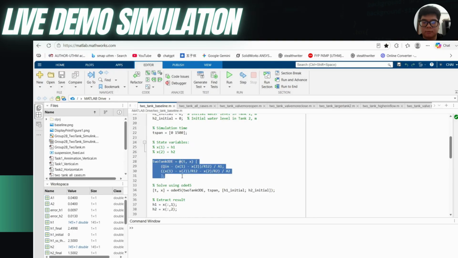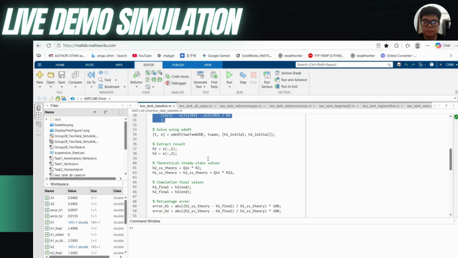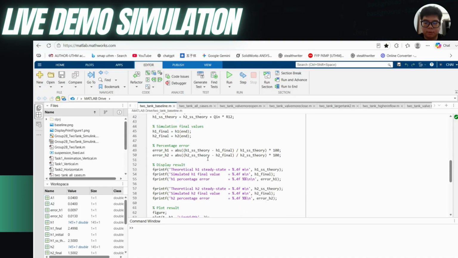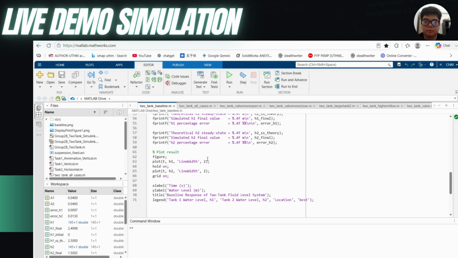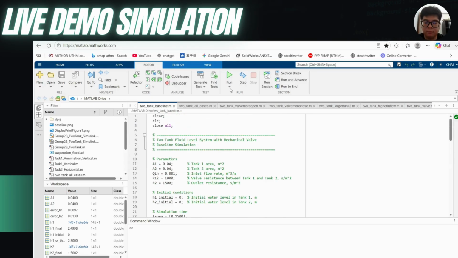And this is the equation I use to run the simulation. This is the full code for my MATLAB. So now I run the simulation.